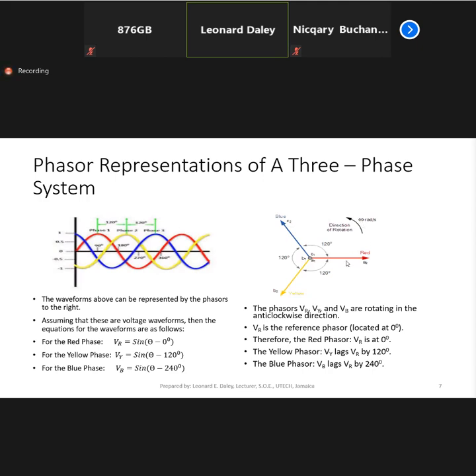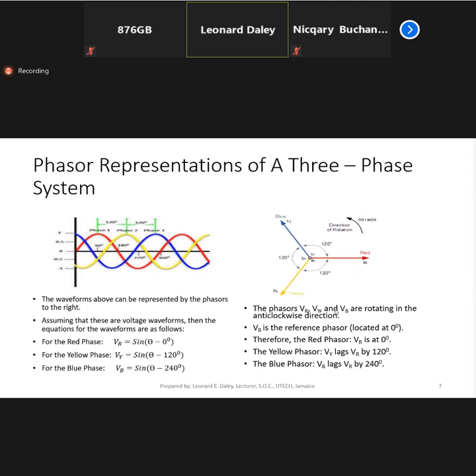Your eye is right there, and the red phase is passing you. The next phase that you will see coming up would be the yellow phase. So the yellow phase would be lagging the red phase by 120 degrees. And then as the rotation continues, the blue phase will be the last phase you see, and that would be lagging the red phase by 240 degrees. This 120 plus this 120, 240 degrees.